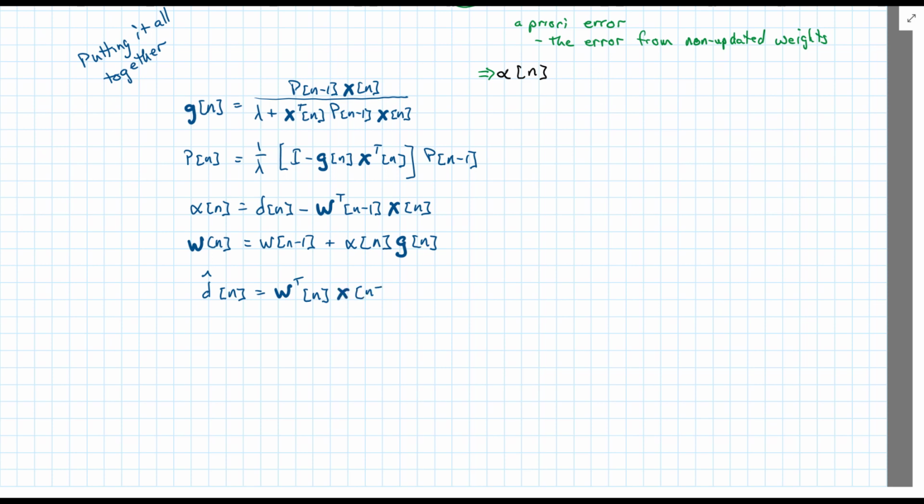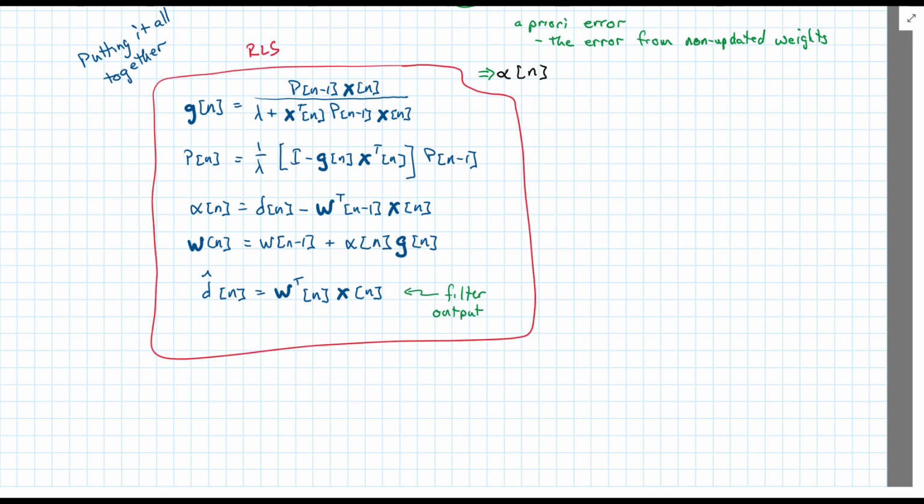So one of the differences you're seeing here is that we actually calculated an error already with our W transpose n minus 1 times x of n. Then we did the weight update, and then we calculated our filter output. So when we're looking at LMS, our filter output was actually the W transpose n minus 1 x of n. So we have a different filter output in this respect.